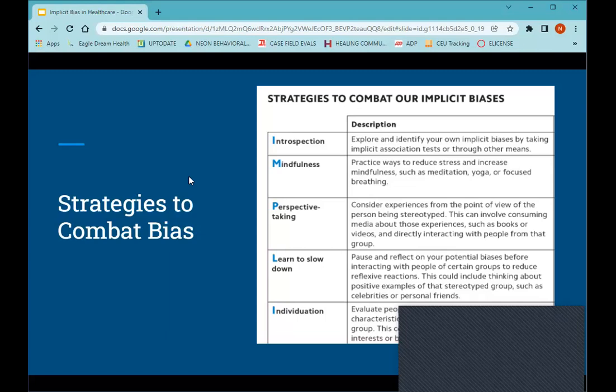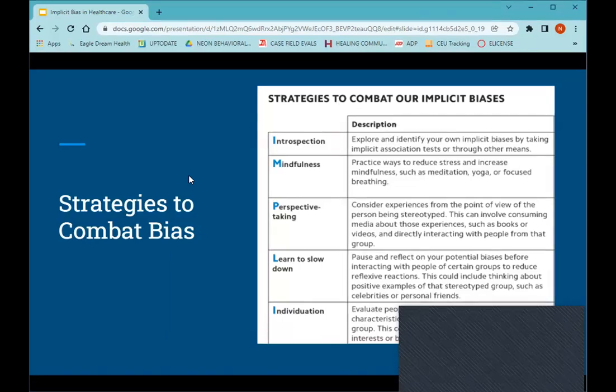So even biased providers, when they aren't rushed, they use system two thinking and they provide the same care to patients in that study. But when they're rushed, that's when the bias kicks in and they don't provide the same type of care to different patients. So learning how to manage stress and be more mindful and slow down are all ways to help us not rely on implicit bias so much by slowing down that system one thinking.